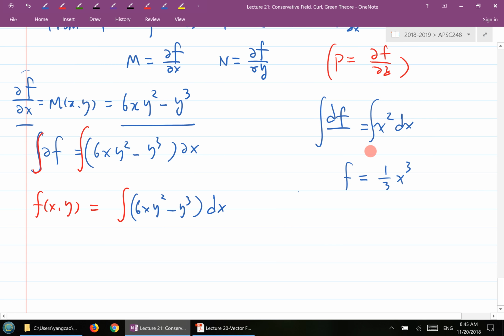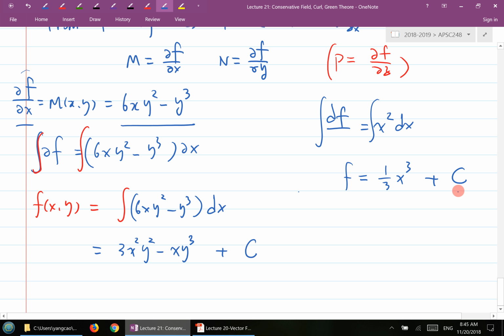So what's the result? Treating y as a constant, 3x squared y squared minus xy cubed. Is that it? Plus c. Well, plus c in this case is a function of y. Excellent.